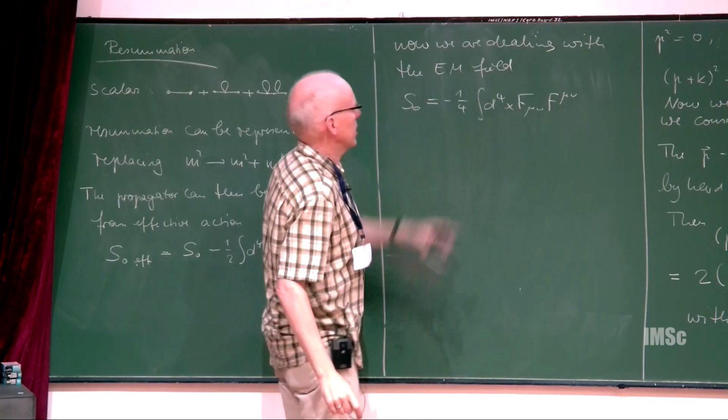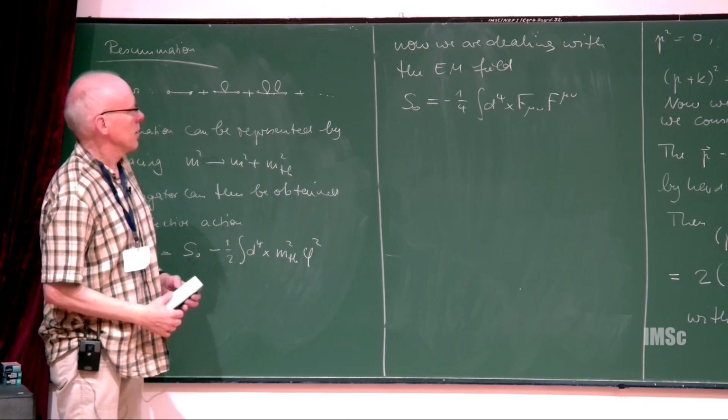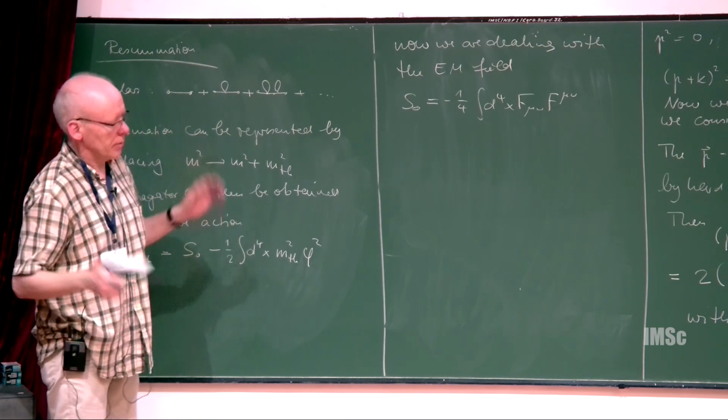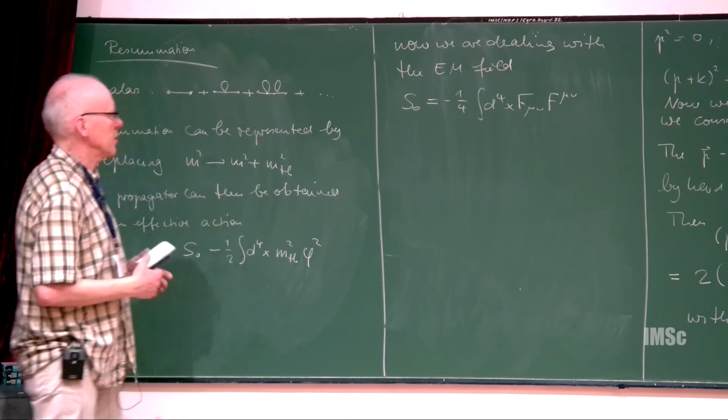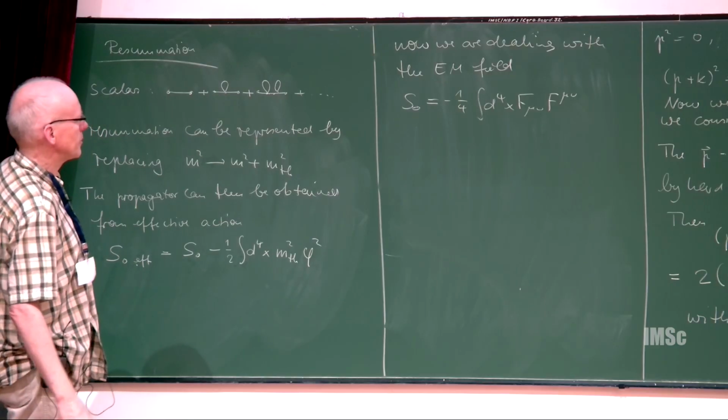This is the electromagnetic field strength tensor, and this gives us, once we fix the gauge, the photon propagator.